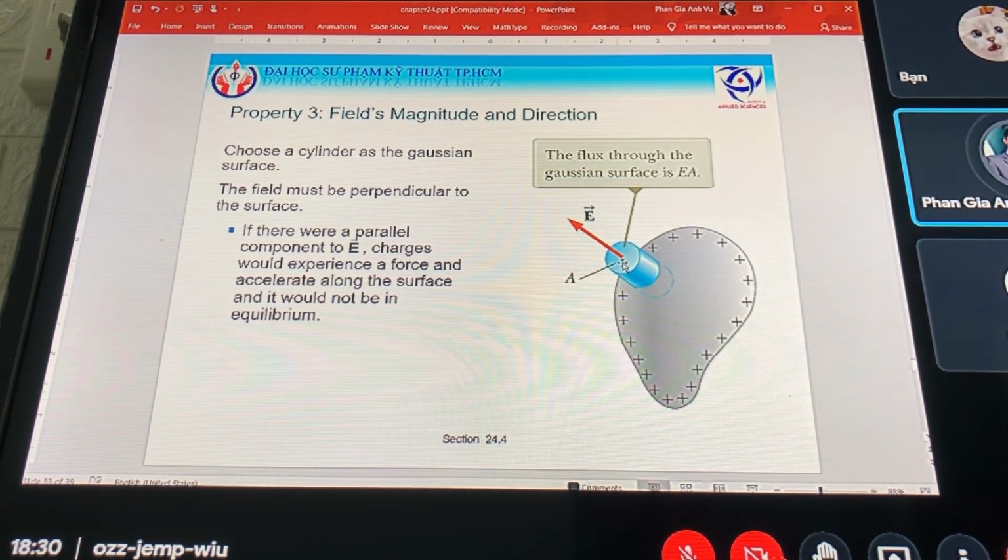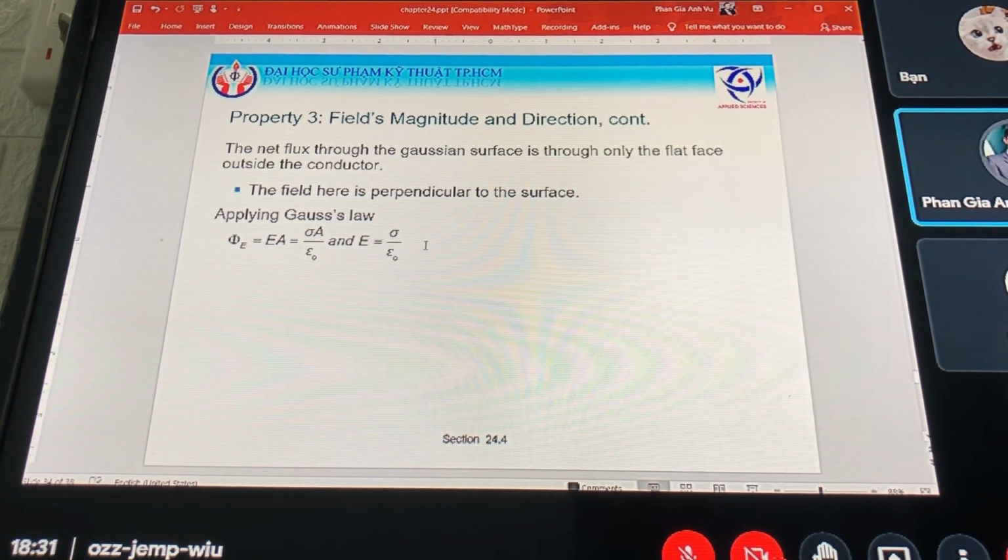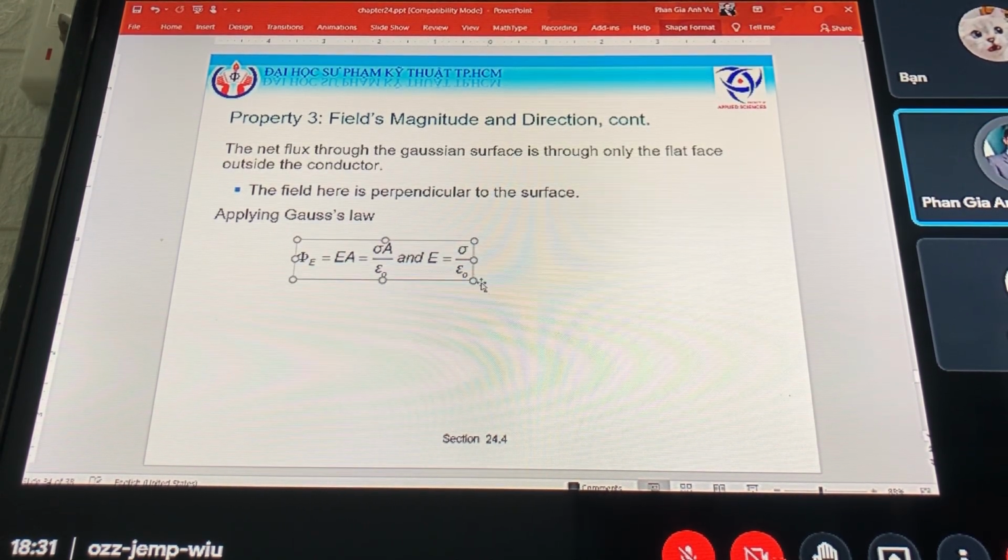So the flux is E multiplied with A. So in this case, the flux is sigma A over epsilon 0 according to Gauss law. Then you can calculate E. E is easily sigma over epsilon 0.